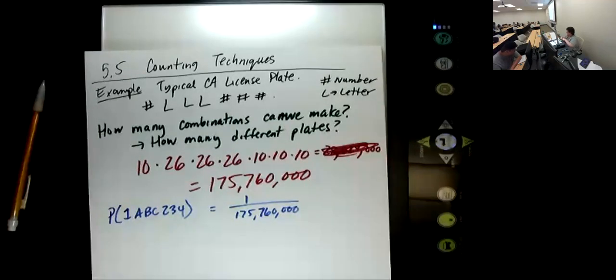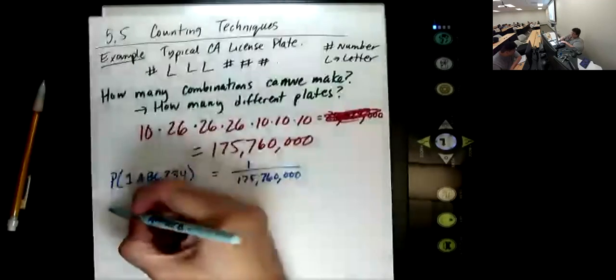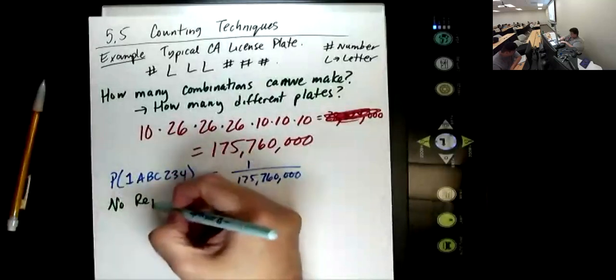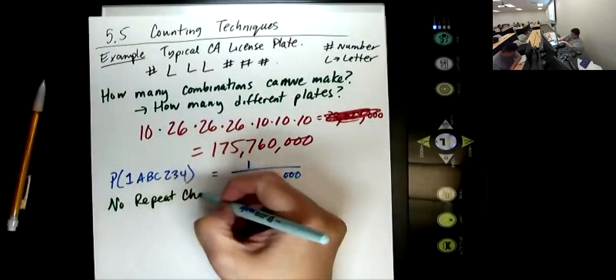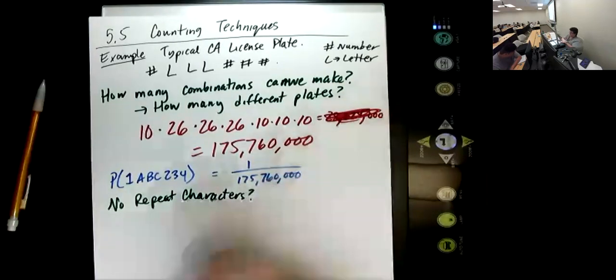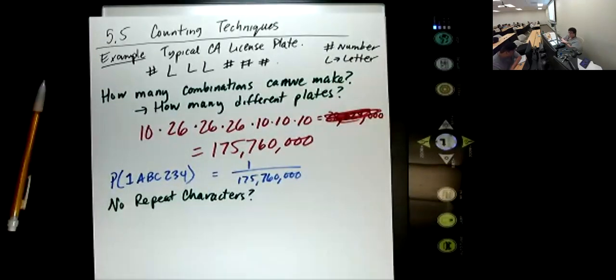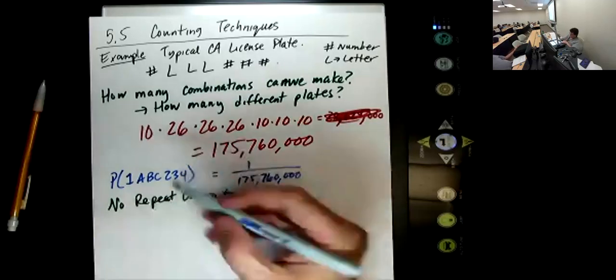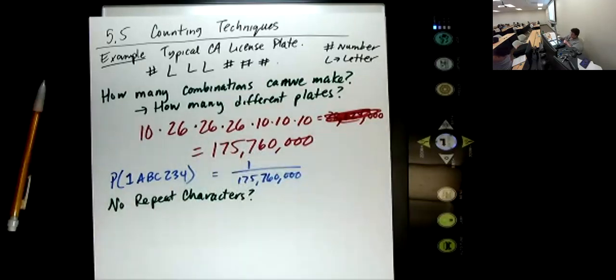All right, so what if we restrict it? What about if there are no repeat characters? Well, the first number can be 0 through 9, so it can be any of them.